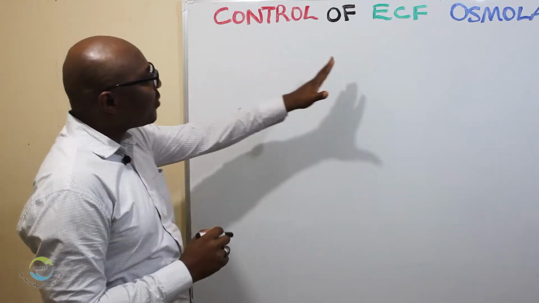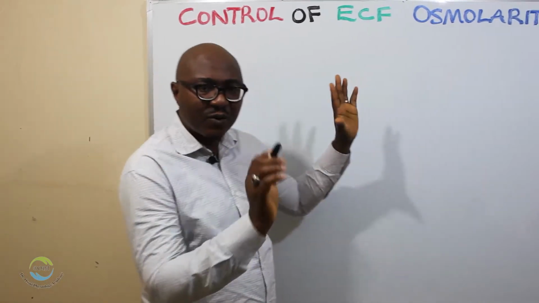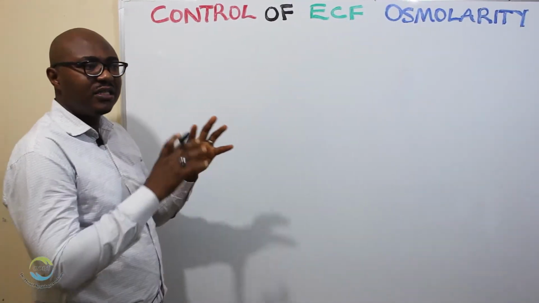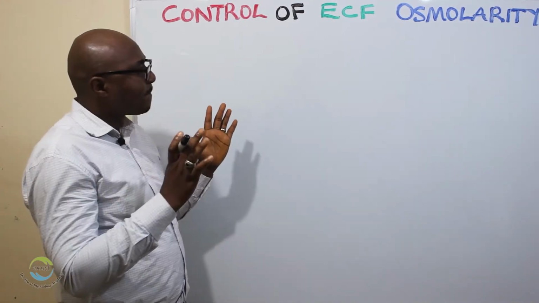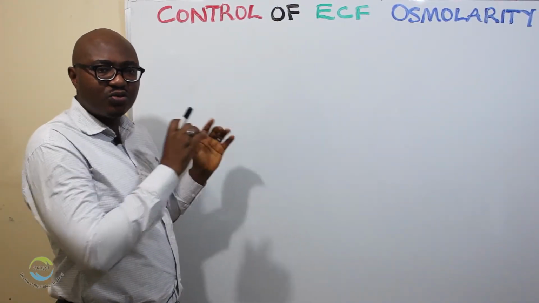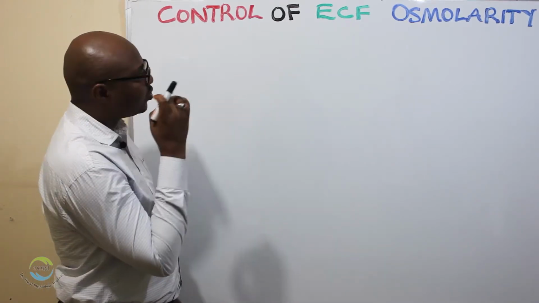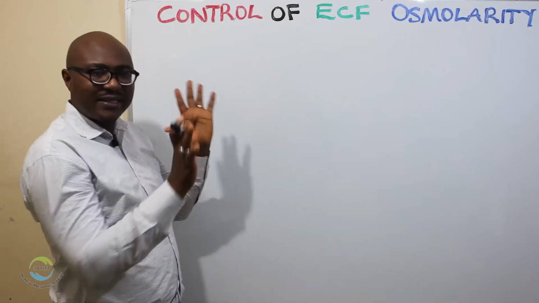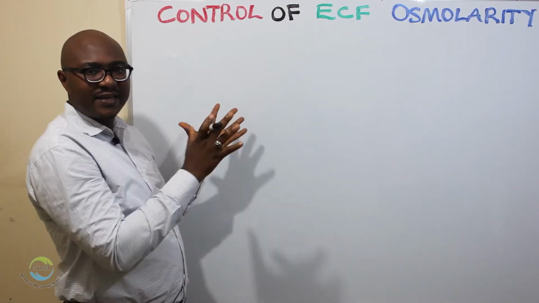So why are we talking about control of ECF osmolarity? First of all, osmolarity is just talking about the concentration of the body fluids, okay? It is a measure of the amount of solutes in 1 liter of solution. So to just take it like that, it is a measure of how concentrated the ECF is.